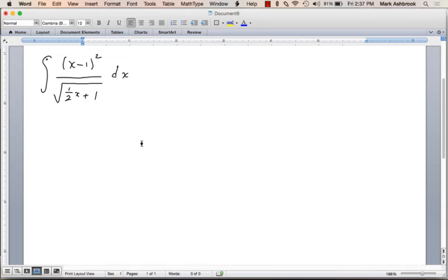So what techniques do we have? Undoing the chain rule, what do we think? That's always our first guess, is undoing the chain rule. Definitely not, right? We don't have the derivative of the inside of another one, right?